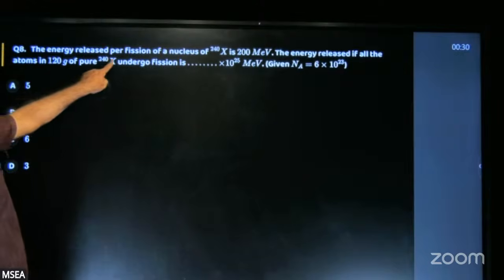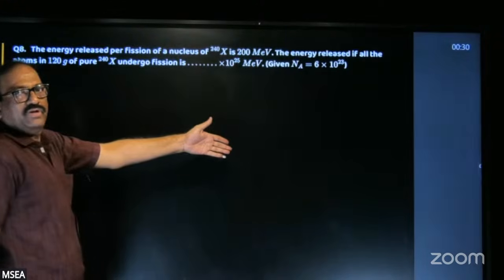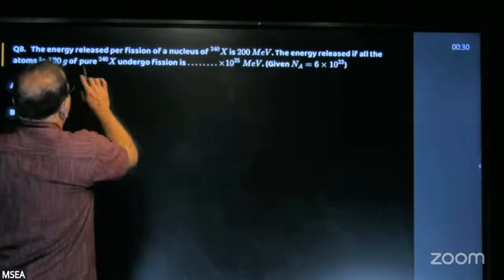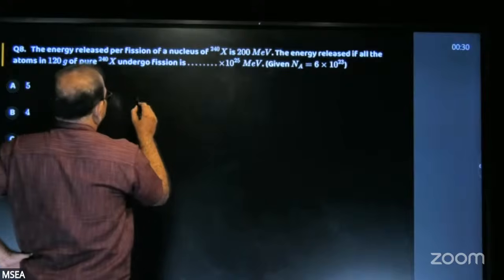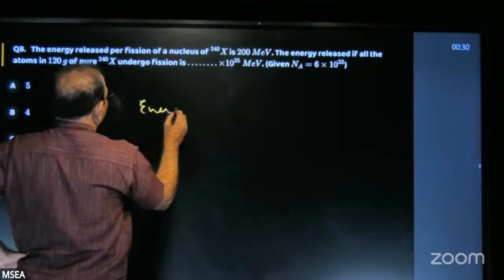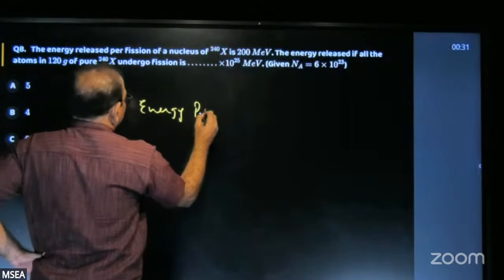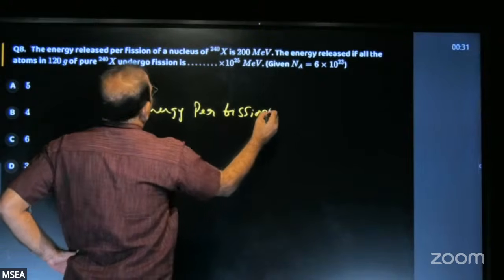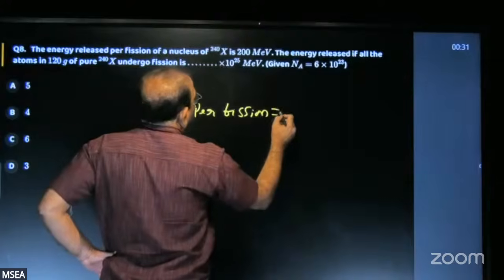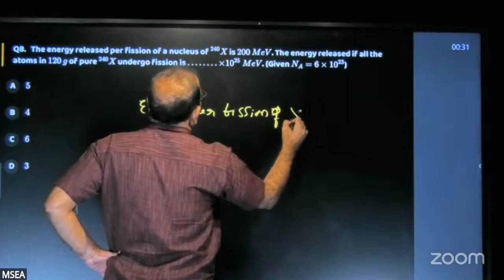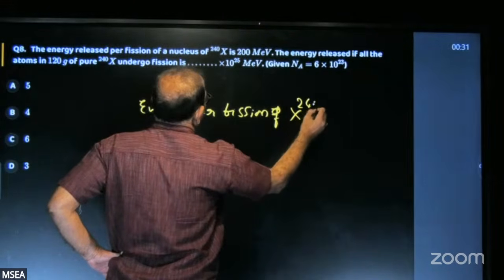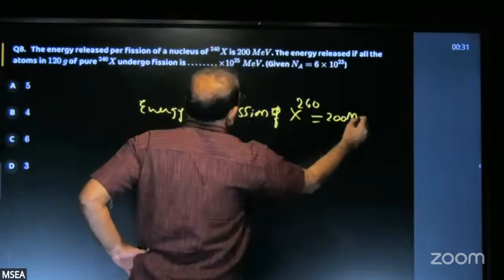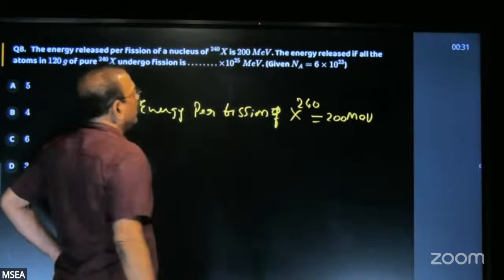See, the energy released, that previous calculation I have shown now. This is that type only. The energy released per fission of some nucleus of mass number 240 is 200 MeV, given.